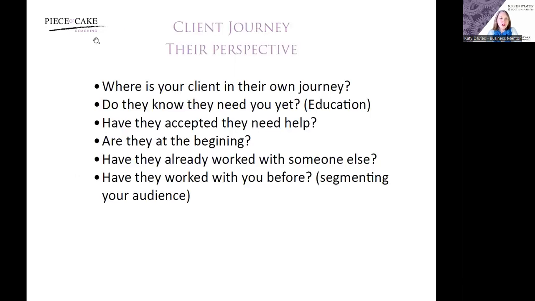If we're thinking about the client journey from their perspective, it's always really good to think about where is your client in their own journey at the moment? Where are they starting from? Do they know they need you yet? Is there an education piece? Sometimes it might be really obvious depending on what you do, and everybody knows they need you.